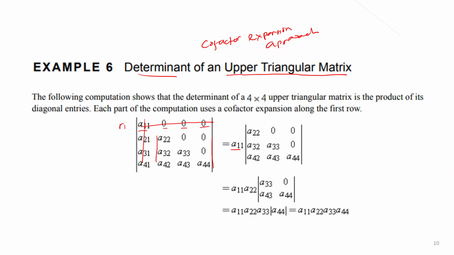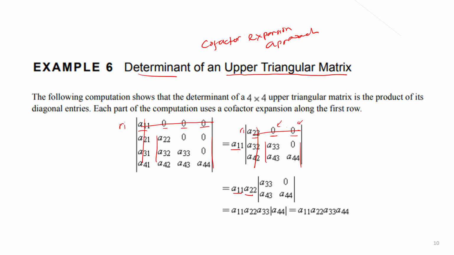In this case we choose this row, so we only need to expand the value of the first row, since both of the others are zero, right? So it will be the previous one, a11 multiplied by a22 multiplied by the determinant of this matrix, which is the minor of the one we just eliminated.